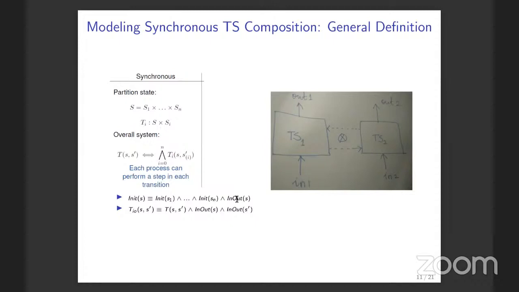Okay, and that's what I'm making in this in-out constraint. Similarly, you can construct the transition relation for the combined composite system by just taking the conjunction of the formulas representing the individual transition relations, with the additional assumption that these repeated signals, the state variable components, are identical.